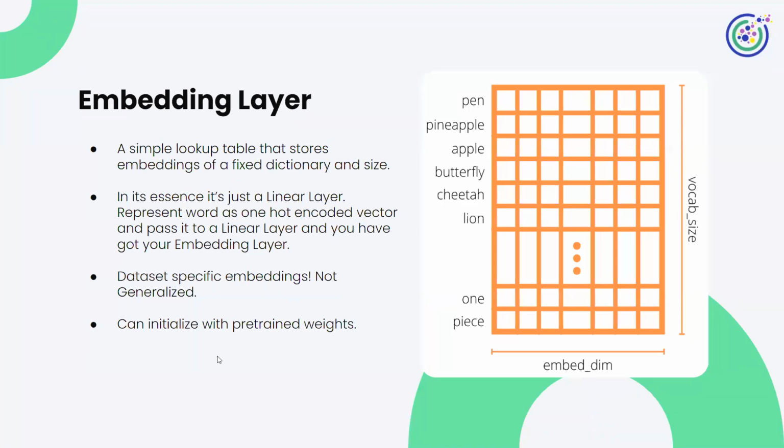But you can save them and use them anywhere if you want. You can also initialize with pretrained weights. Let's say you already have a lookup table ready for a Twitter dataset or Instagram dataset, and if you have a similar use case, you can just load these weights into the embedding layer itself.